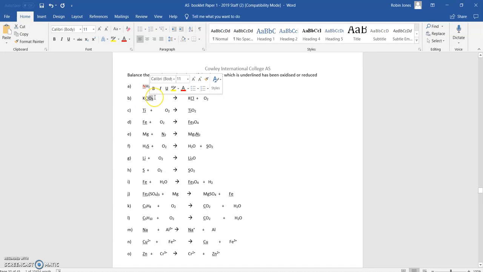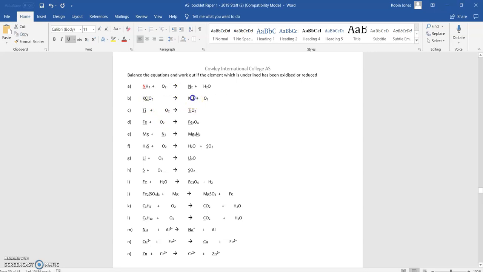What number would leave no charge overall? The answer is +5. +1 +5 is +6. 3 -2's are -6. That balances it all out to leave no charge. So the Cl is in +5.